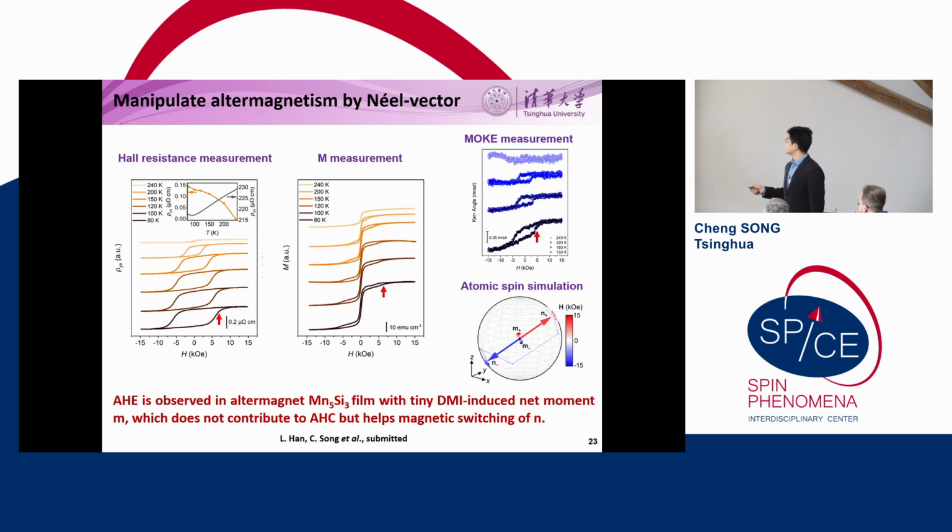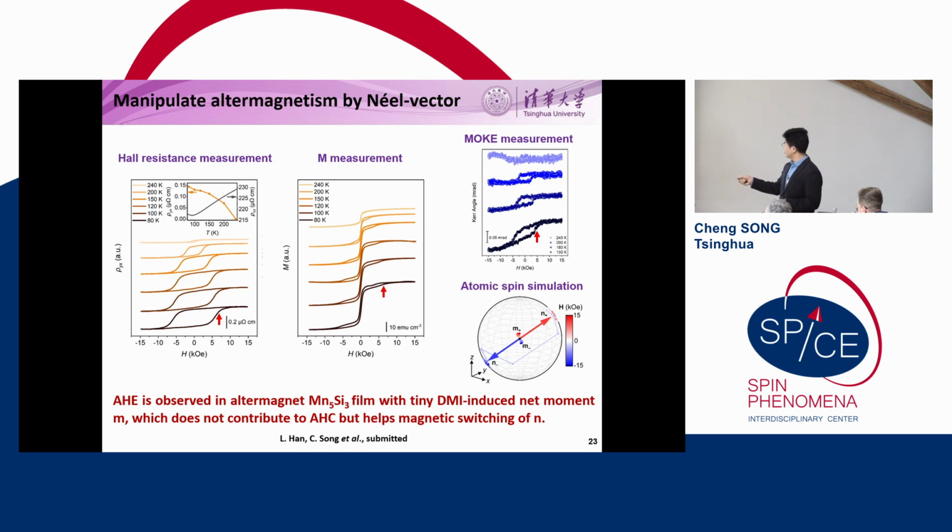Then we show our samples in manganese silicide. You can see we measure the anomalous Hall conductivity here. The coercivity is about 6 or 7 kilo-oersted. We also measure the magnetization by SQUID. You can see there is a net moment of almost 2 emu per cubic centimeter, and the coercivity is almost the same.